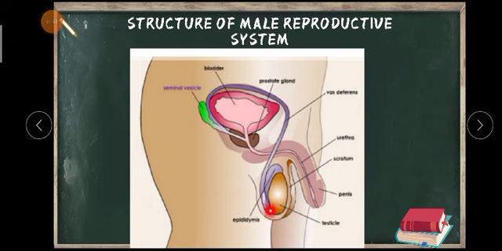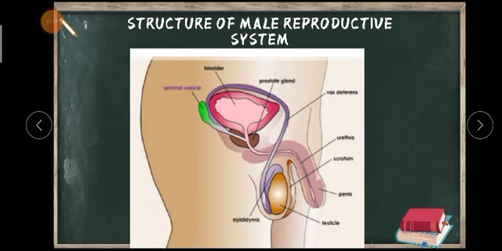In our earlier classes we already talked about what the role of the testes is and how it is connected to the penis. But today we are going to discuss in detail how the testes and the other parts of the male reproductive system function together.